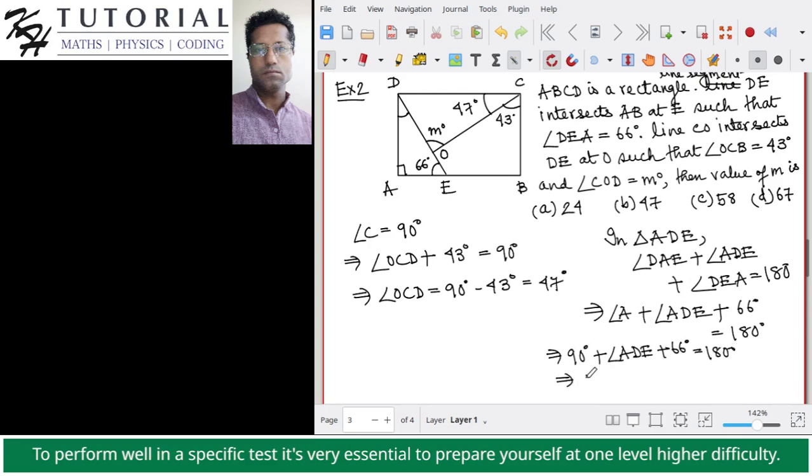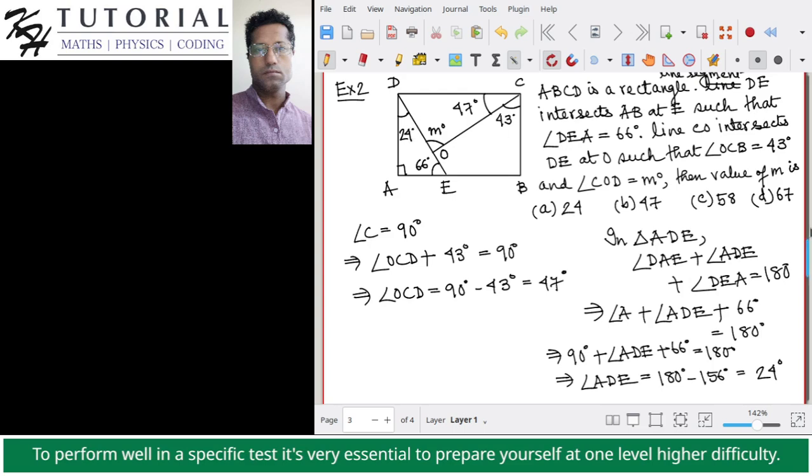This implies angle ADE will be equal to 180 degrees minus 156 degrees, since 90 plus 66 is 156. This is equal to 24 degrees. Angle ADE is 24 degrees.